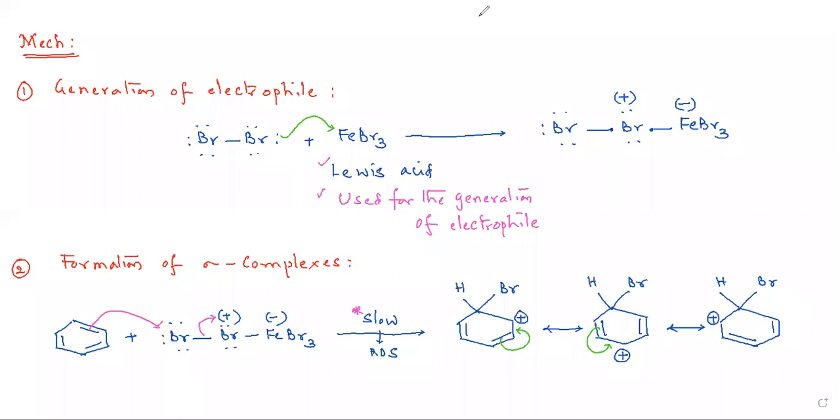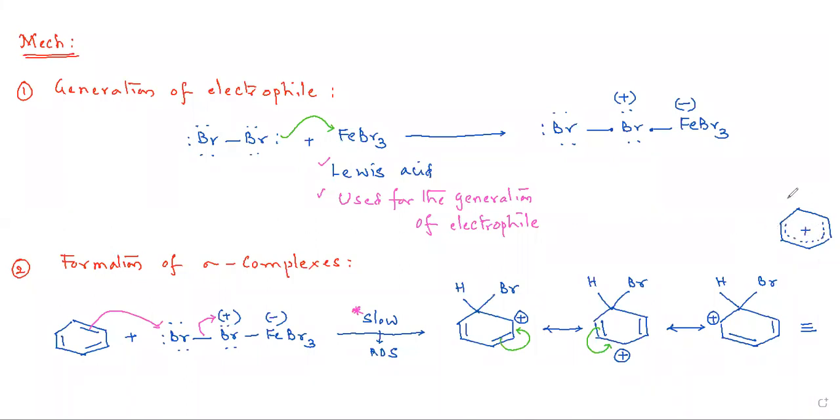See here, all three can be given in this format, in the form of a resonance hybrid. You can actually see that the positive charge is moving from here to here. Come on, let us show it this way.